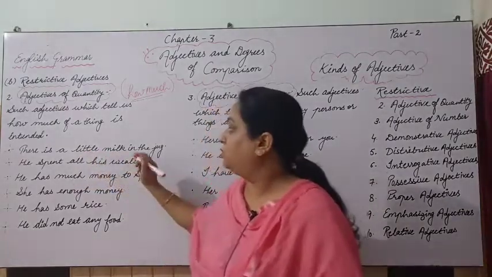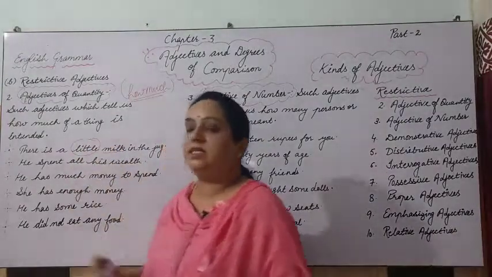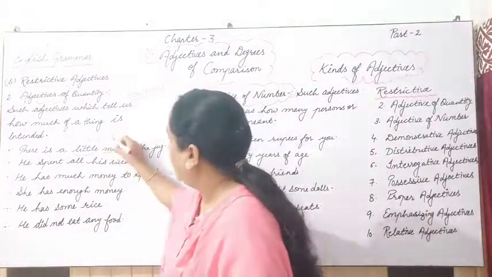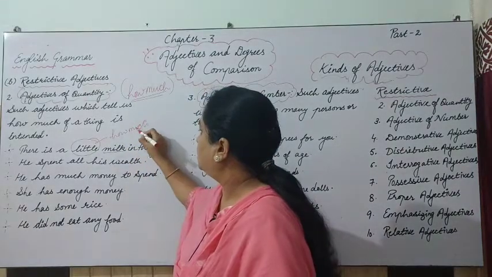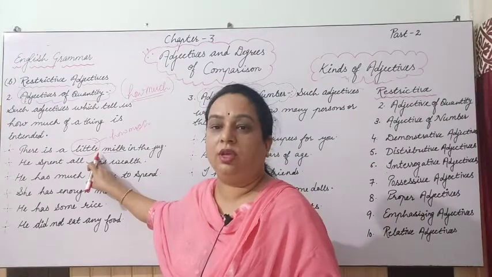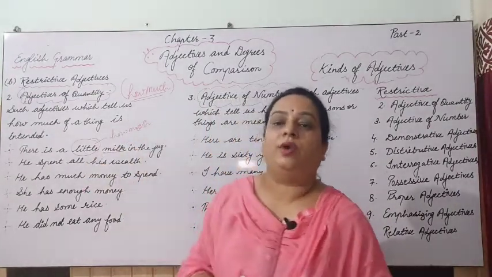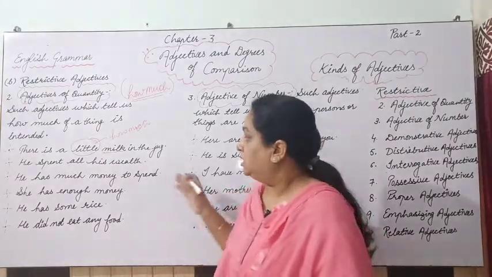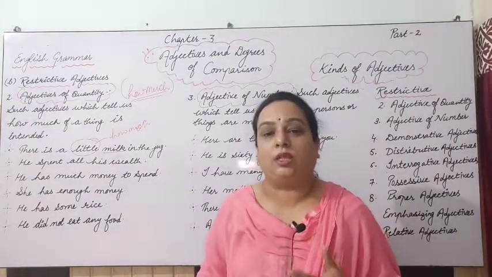So milk is working as noun, and this word little is telling us how much, right? So this word is an adjective here. And which kind of adjective is this? Adjective of quantity, right? Second one: he spent all his wealth.